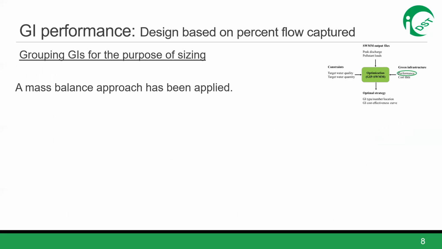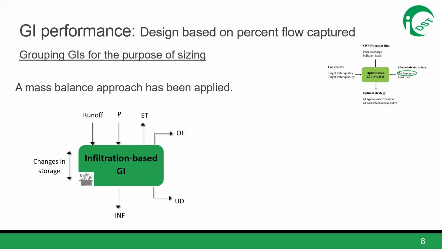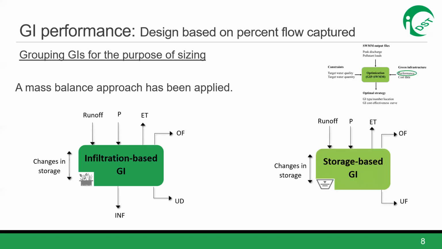For the purpose of sizing, green infrastructures are categorized in two groups: infiltration-based GI, such as bioretention and permeable pavement, and storage-based GI, such as dry pond and wet pond. A mass balance approach is applied for all types of green infrastructures.